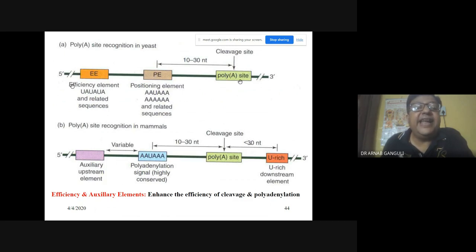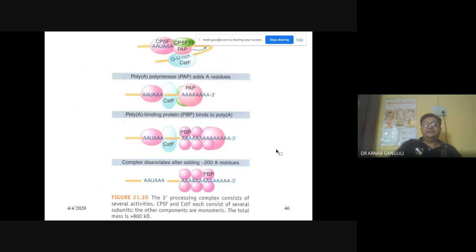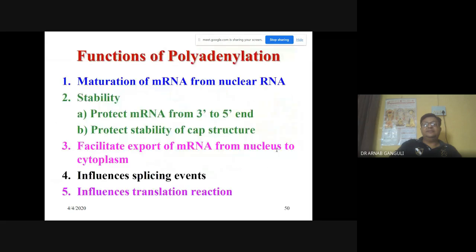Before that, there is an efficiency element present. In mammals, there is an auxiliary upstream element, then a variable length, then a polyadenylation sequence. Then 10 to 30 nucleotides after that, there is this poly A site. Maybe there is a U-rich region over here. So this is polyadenylation.